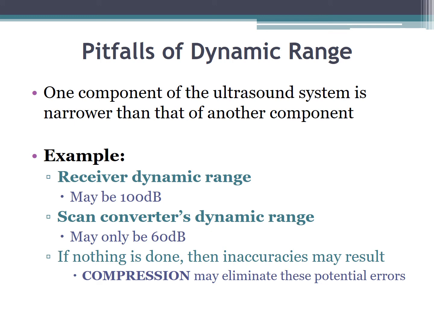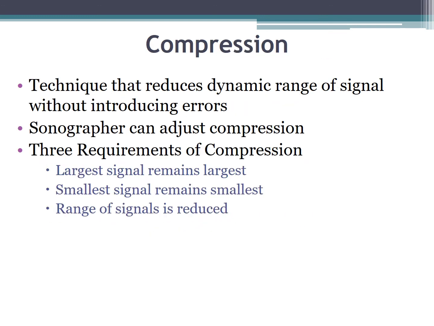If we don't use compression, then errors can occur, causing a distortion of our information. So compression is a technique that reduces the dynamic range of the signal without introducing those errors. As a sonographer, you can adjust this compression.